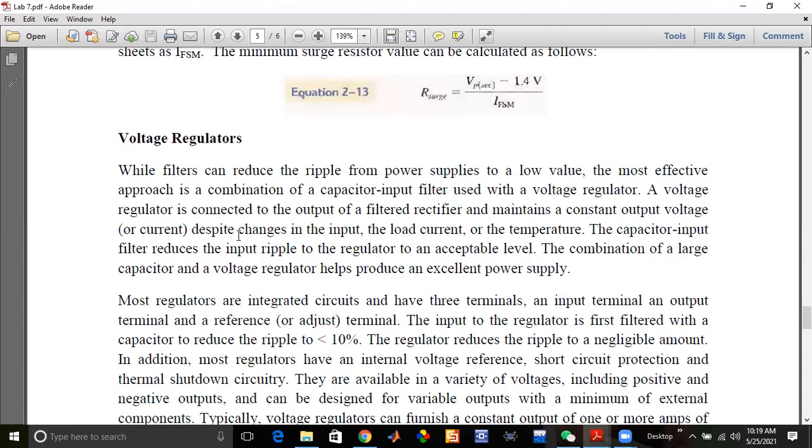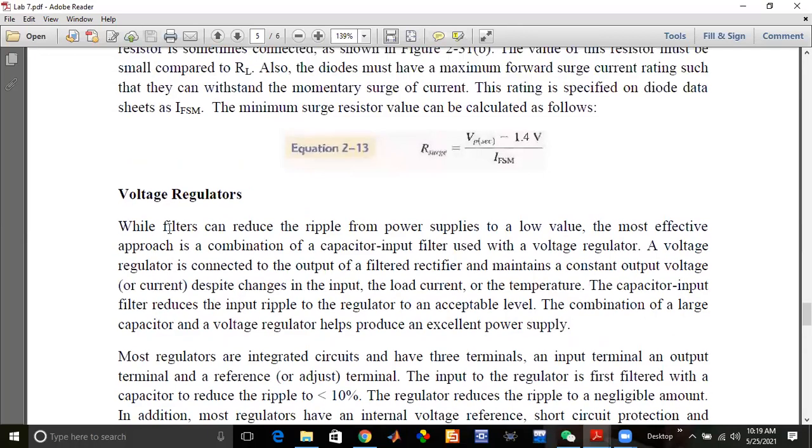For example, when you want to design a DC power supply for a specific device, for example, our mobile charger is a DC power supply, it provides a constant DC current to our mobile phone. So there are some ripples in the output of the filter. If you want to remove this, you will use the voltage regulator.